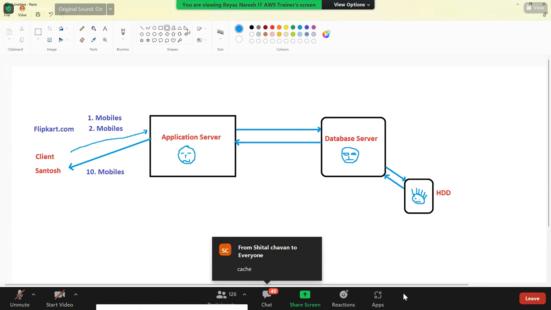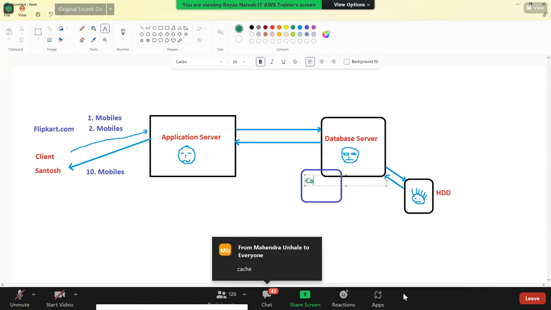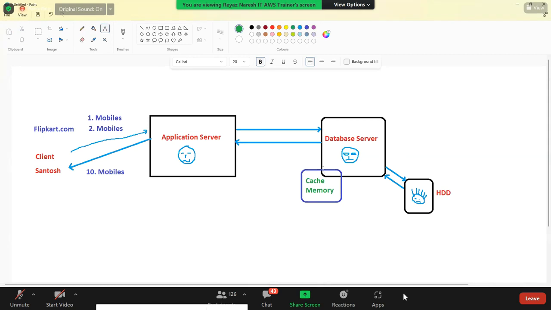So instead of going and asking for the same data again and again, can we put the data in the cache? Yes. This is called cache memory. All the data is placed in the cache memory.